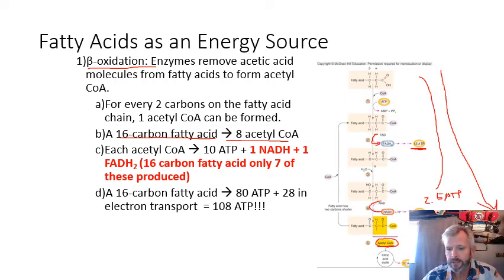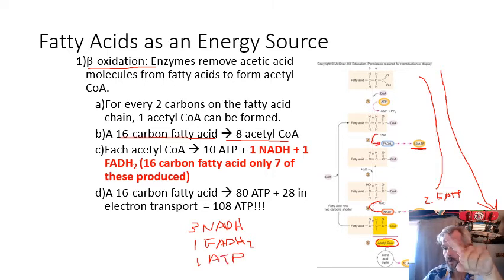If you remember, 1 molecule of acetyl-CoA going through the citric acid cycle, we produce, or reduce, 3 molecules of NAD, 1 molecule of FAD, and produce 1 ATP. Those were the numbers from 1 acetyl-CoA going through the citric acid cycle.